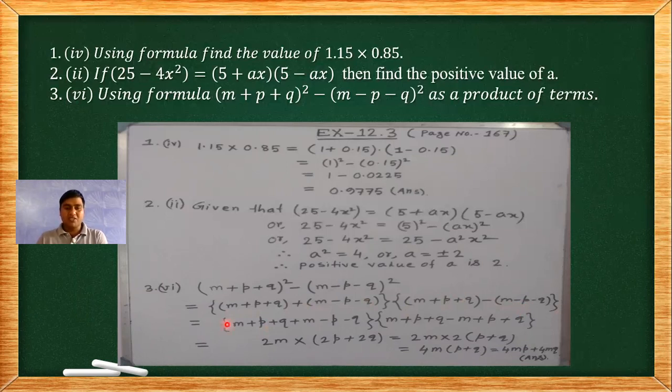So now, opening the first bracket, m plus p plus q plus m minus p minus q, and in the second, m plus p plus q minus m plus p plus q.